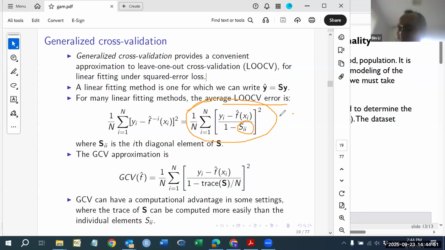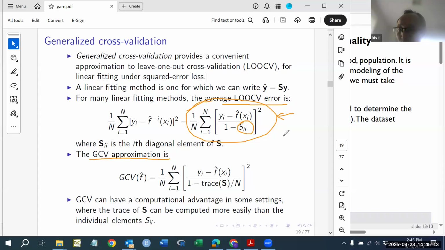But still, this is not the most computationally efficient algorithm. We have an even simpler version called the generalized cross-validation approximation.